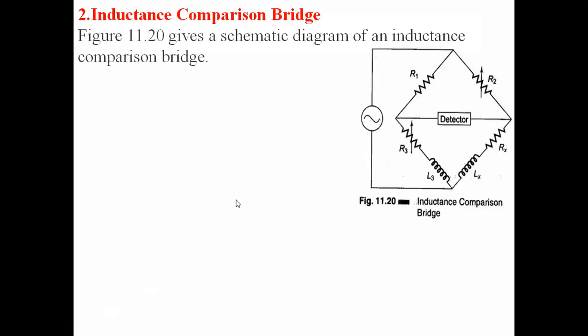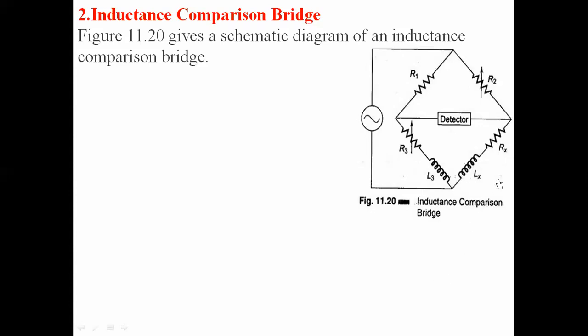This figure shows the schematic diagram of the inductance comparison bridge. Here also, same as the previous one, the third arm is used for adjusting purpose. By using resistance R3 we can adjust, and L3 is the standard inductor.